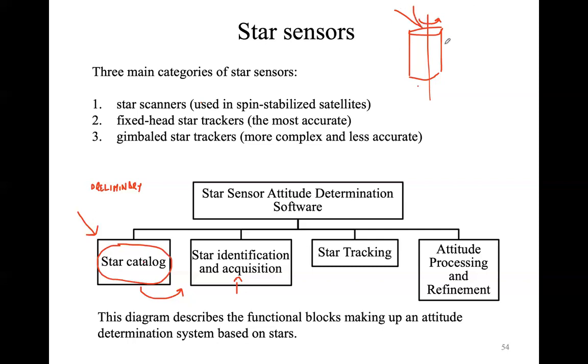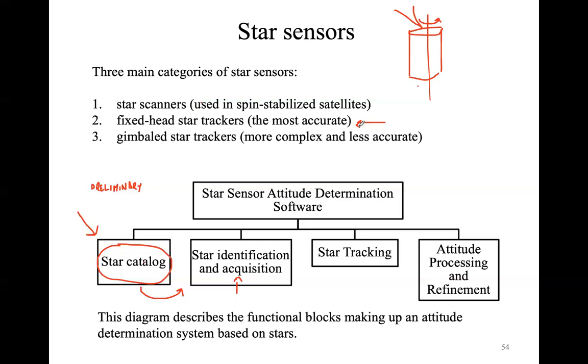So you're not looking at a fixed region of the sky, but you are scanning a certain area of the celestial coordinates. But the main star trackers that are used right now, and in recent years, are the so-called fixed head star trackers.